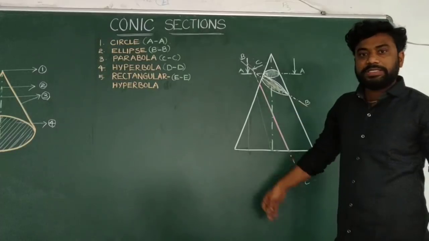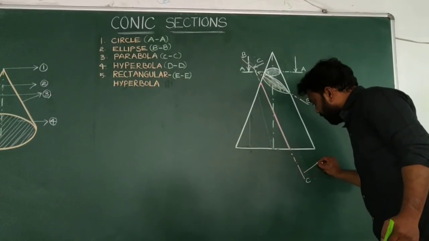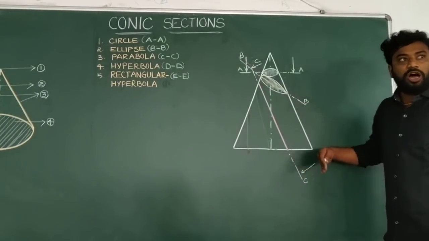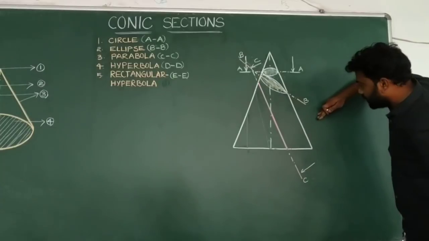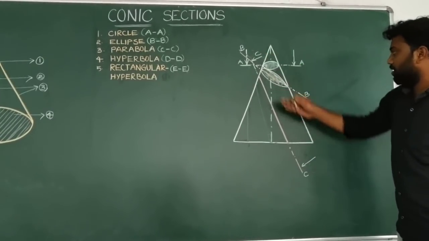That surface is called a parabola. When the true shape of the parabola is visible, the observer must see the object in this direction. That time only we are able to see the true shape of the parabola.